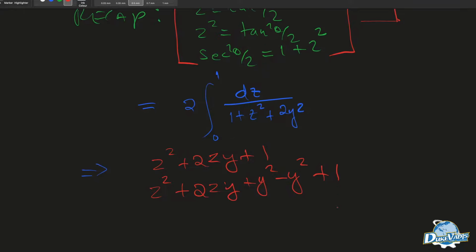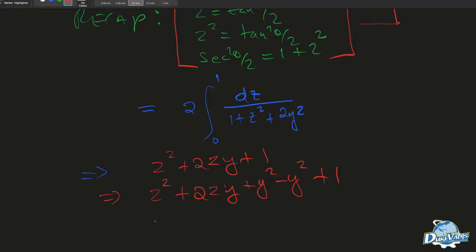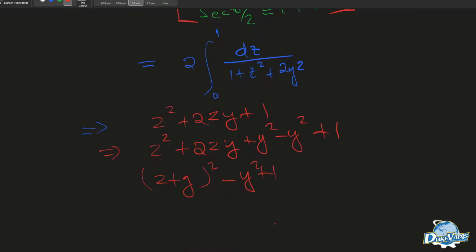So further, we can expand this to be z plus y all squared minus y squared plus 1, which we can make look very beautiful as z plus y all squared plus 1 minus y squared. There, that's beautiful.